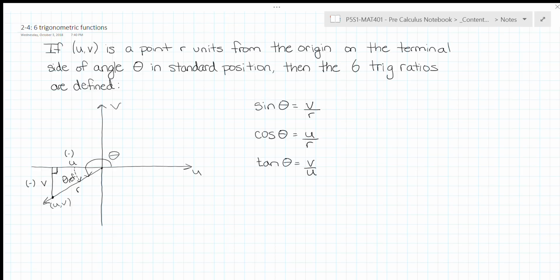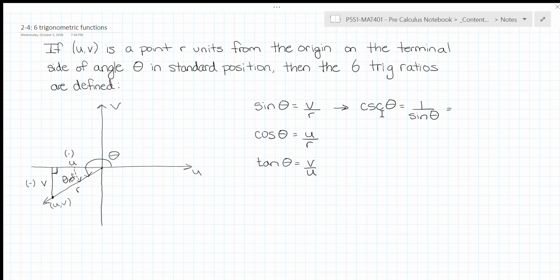There are 3 other trig ratios that are tied to these, the reciprocals of these, that hopefully you read about in the book again. The cosecant of theta is the reciprocal of the sine ratio. It's 1 over the sine of theta. Another way to think about reciprocals is to just take this ratio and flip it.